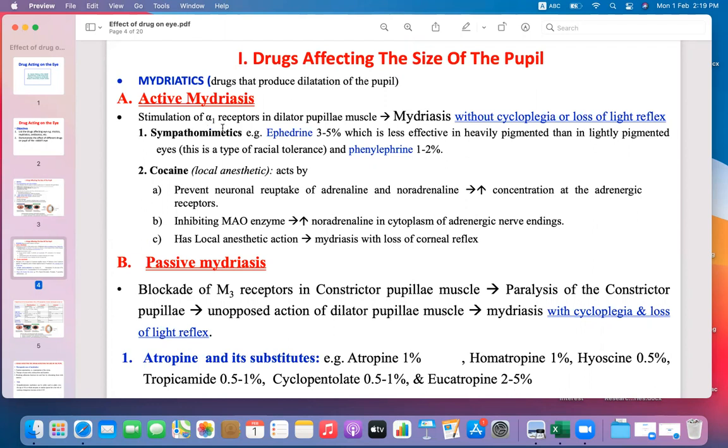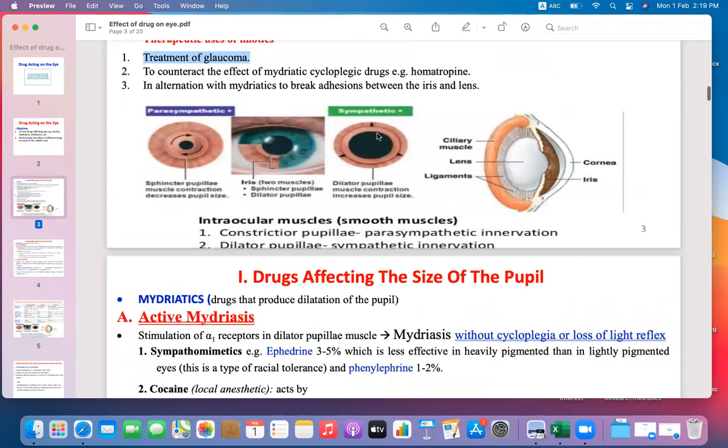When there is stimulation of alpha 1 receptors in dilator pupillae muscles. This is the dilator pupillae muscle, and which receptor? Alpha 1. So please remember, the dilator pupillae is supplied by sympathetic innervation with alpha 1 receptor, and stimulation of the alpha 1 receptor in the dilator pupillae leads to mydriasis, dilation of the pupil or increase in the size of the pupil.